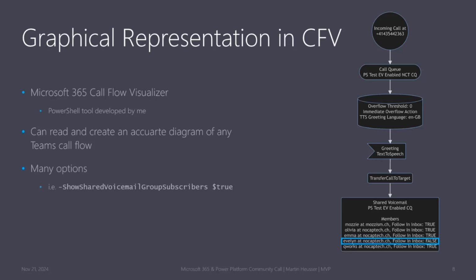We can see, for example, in this case, the call just goes to shared voicemail. Then there are 4 people who are subscribing, but this person, Evelyn, is not getting email notifications directly. The tool is great for documenting and troubleshooting. So if you do a lot of stuff with Teams Phone and you don't know the tool, I highly recommend checking it out. As I said, it's available for free.